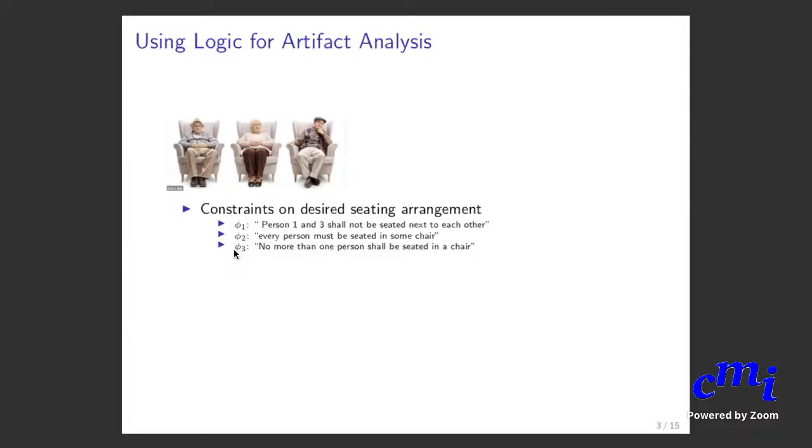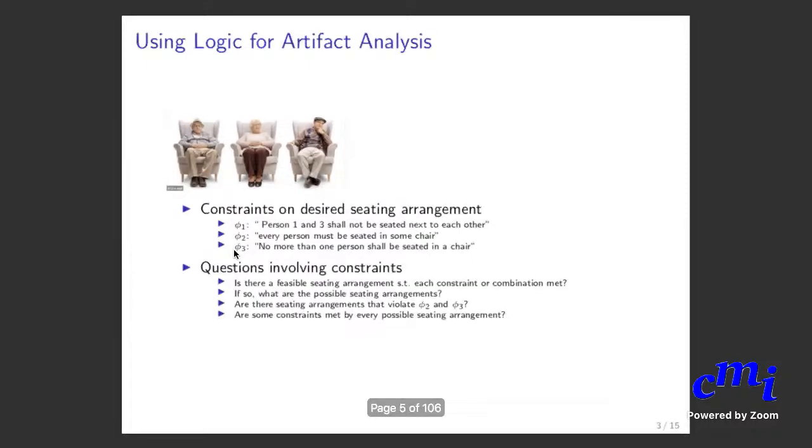So let's see how this can be modeled in a rigorous way as formulas. These are some questions that you can ask once you have a situation to satisfy. Is there a feasible seating arrangement such that each constraint or a combination of them is met? What are the possible seating arrangements? Are there seating arrangements that violate a constraint?